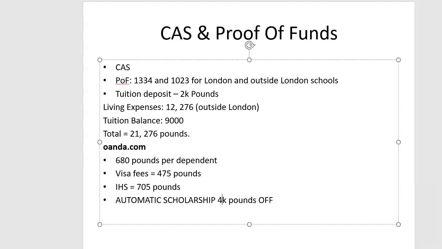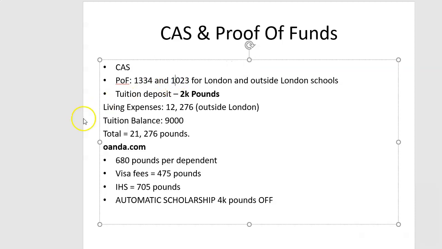So from £11,000, you make a deposit of £2,000. After making this deposit, you have £9,000 left. Your living expenses for a year, if you are studying in London, is £1,334 per month.